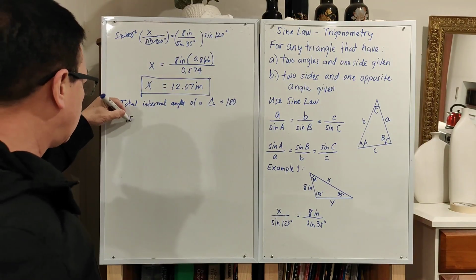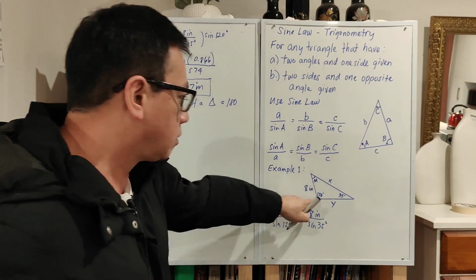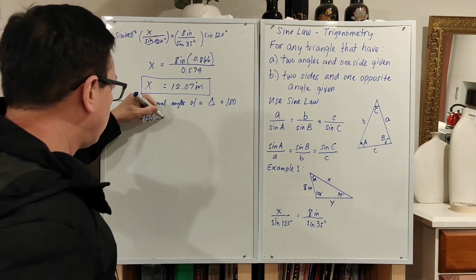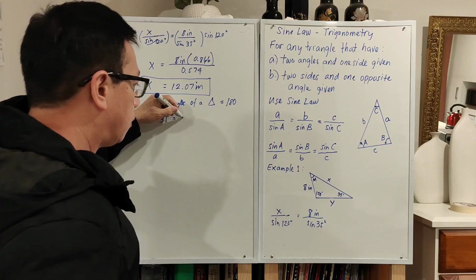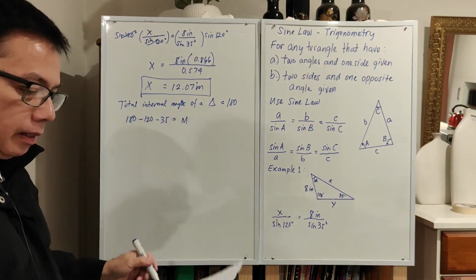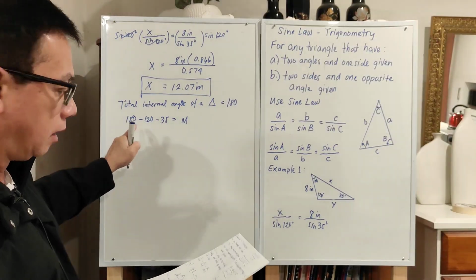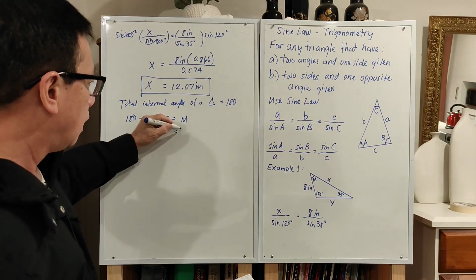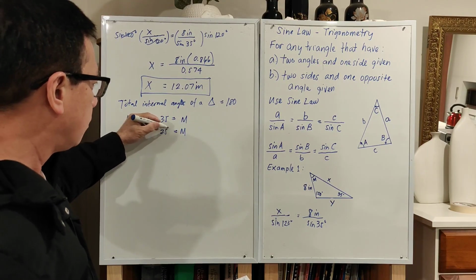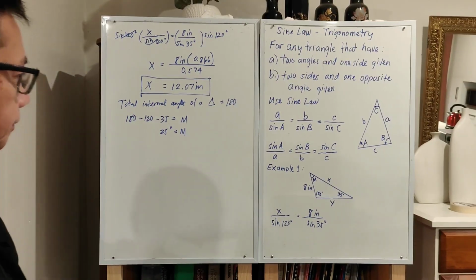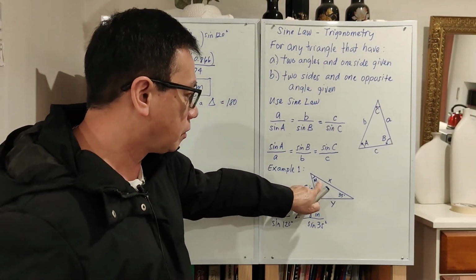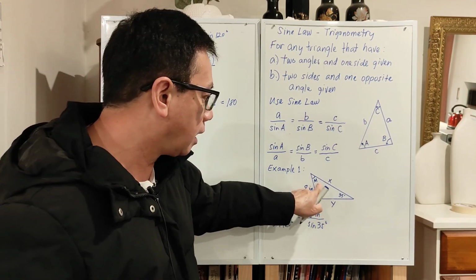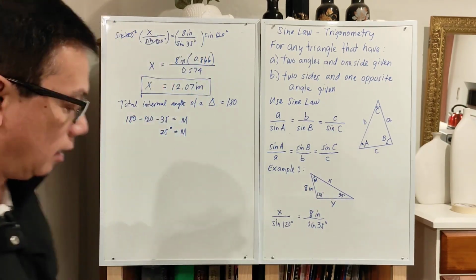If we have 180 degrees minus 120 minus 35, this will be our angle M. So if we subtract 120 and 35 from 180, M will be 25 degrees. So now we have solved for the angle. We can now solve for y, because that angle is opposite y.